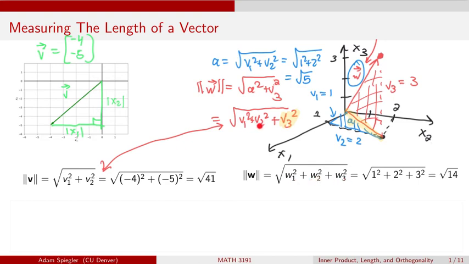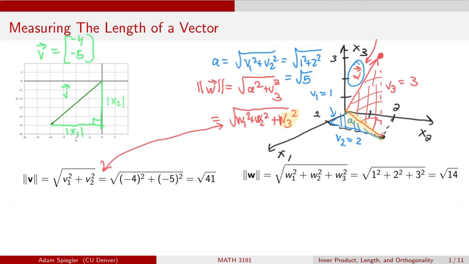Excuse me, I used v's over here to denote the lengths of each of these sides of vector w, so maybe it would be more accurate if I had used w's. But the formula is we're going to take the square root of the sum of the sides squared. So for the case of w, we're going to take the square root of 1 squared plus 2 squared plus 3 squared, and that gives us the square root of 14.